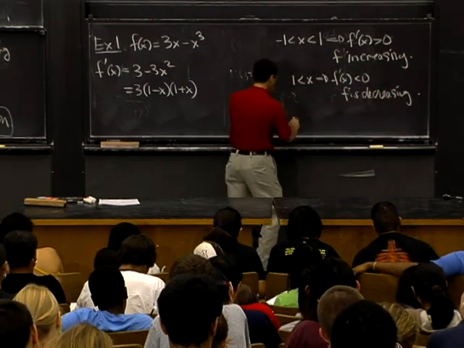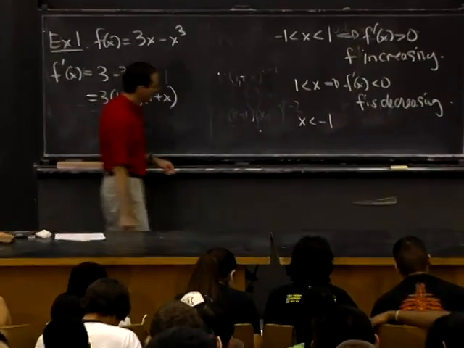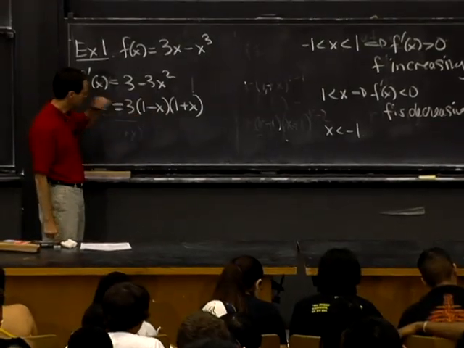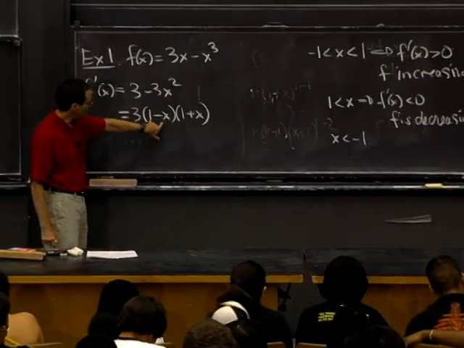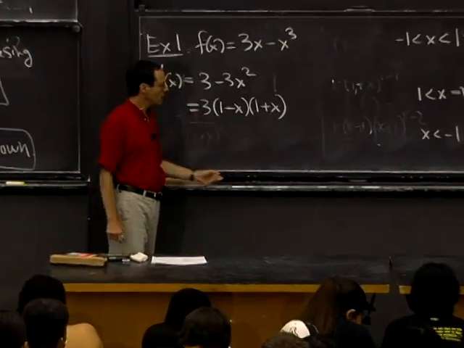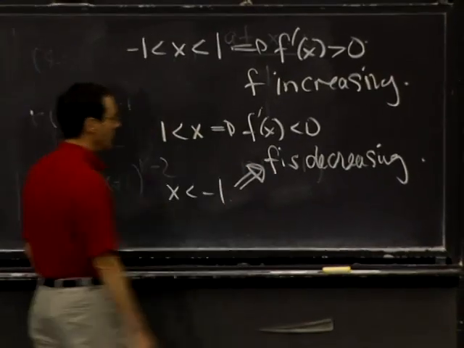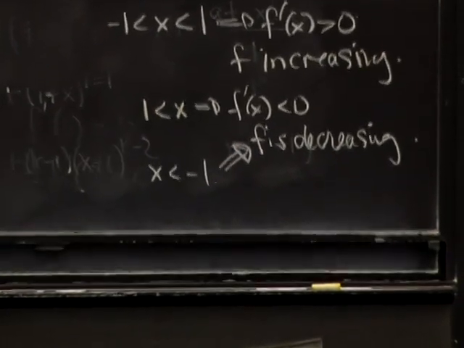And the same thing goes for the other side. When x is less than -1, this factor is positive, but the other one is negative. All right? So in both of these cases, we get that it's decreasing.